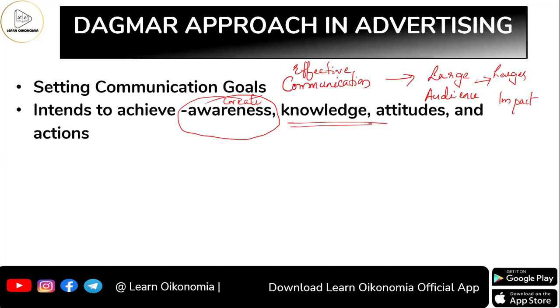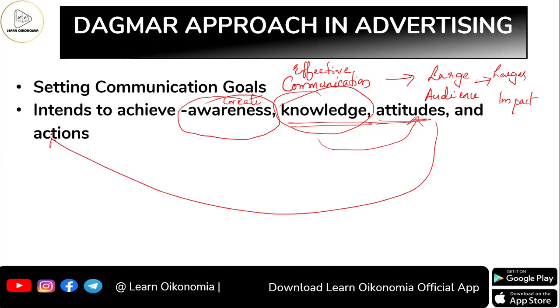Once awareness is created in the mindset of people, this knowledge gets reflected in the formation of attitudes. People will form attitudes regarding a product based on the information that they have. These attitudes later get reflected in the form of actions.